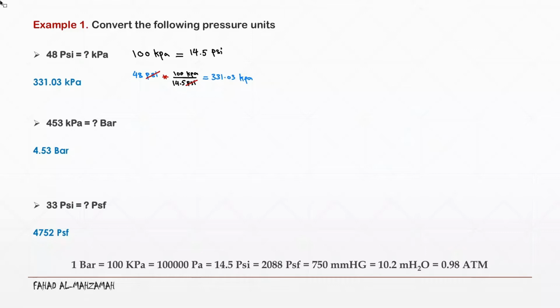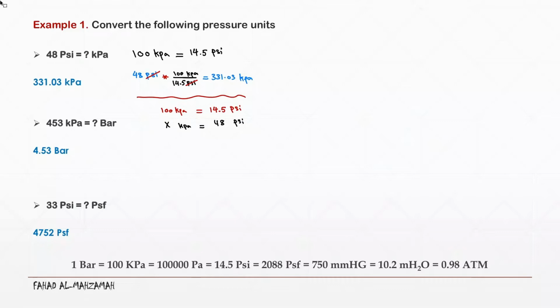Write the relation: we have 100 kilopascal equal 14.5 psi. We write it in the first line, and the second line we write in the same pattern: kilopascal equal psi.